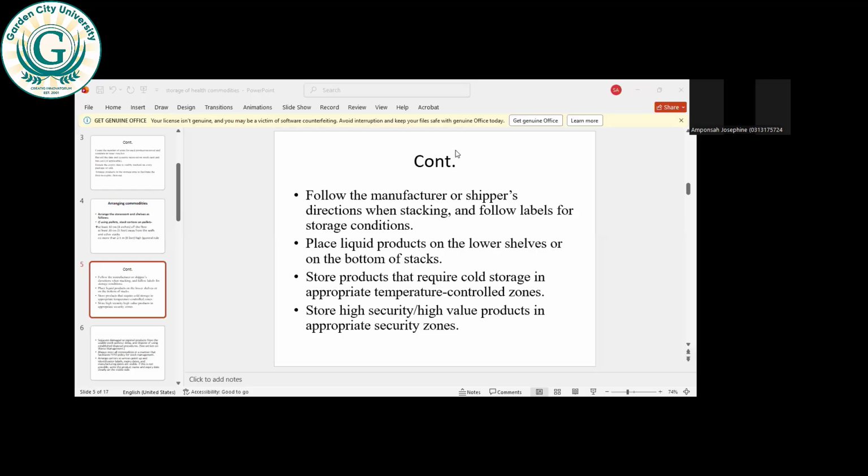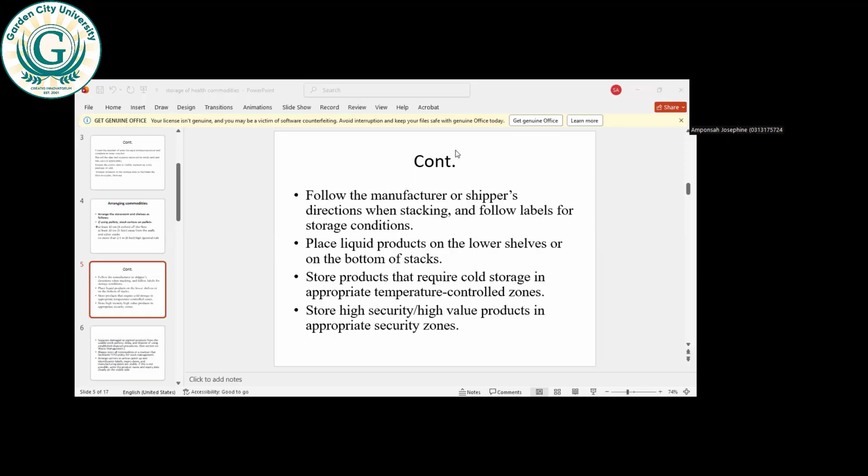The products are expensive, and so the possibility of people trying to steal them is very high. So you try to keep those products from being stolen easily. So all these ones you need to look at.